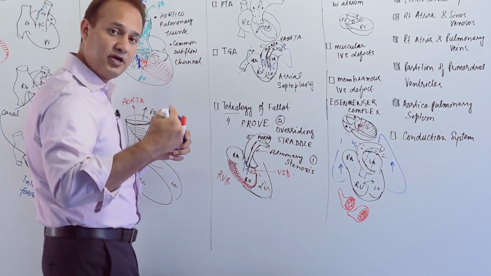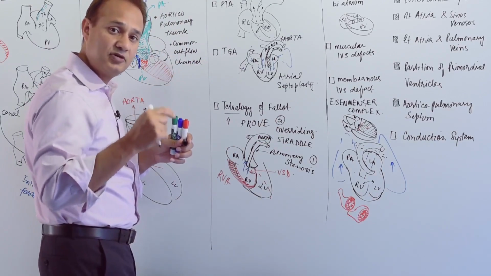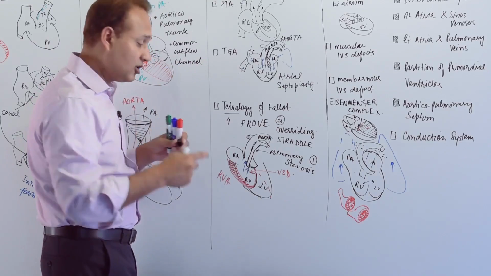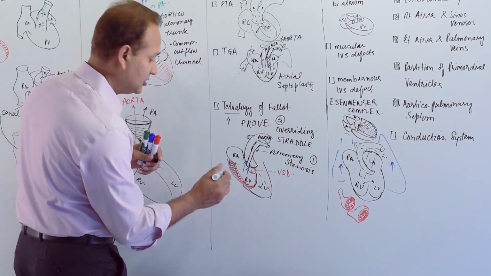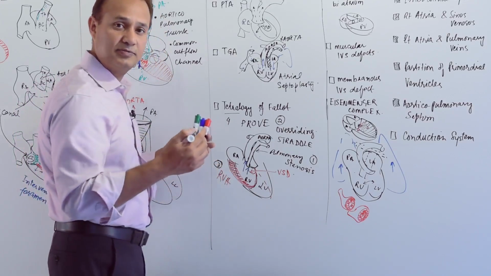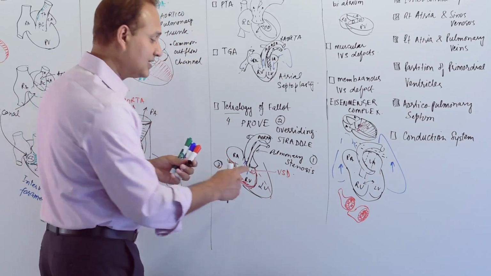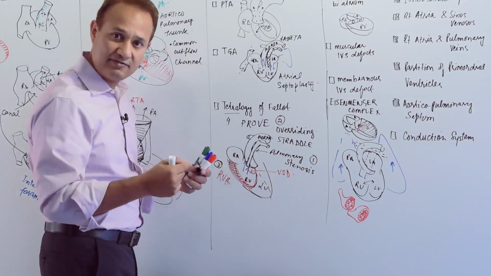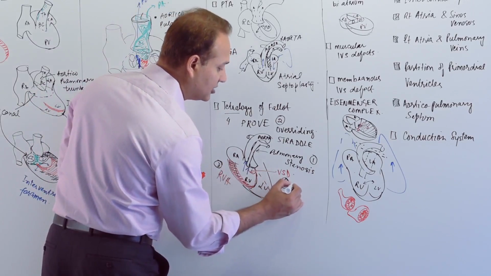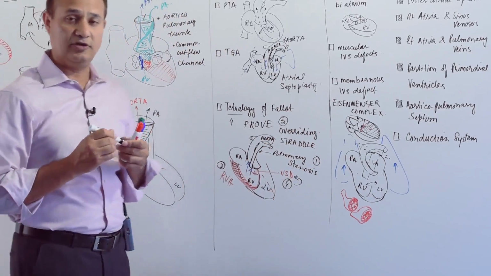Now because the aorta on the right ventricle is going to pump into the aorta, plus it's going to pump against the narrowed pulmonary trunk, that would cause the hypertrophy of the right ventricle. So that is the third problem. And of course, because it is a problem with the aorticopulmonary trunk, the septum that contributes to the membranous interventricular septum, there is going to be a ventricular septal defect as well. So that is the tetralogy of Fallot.